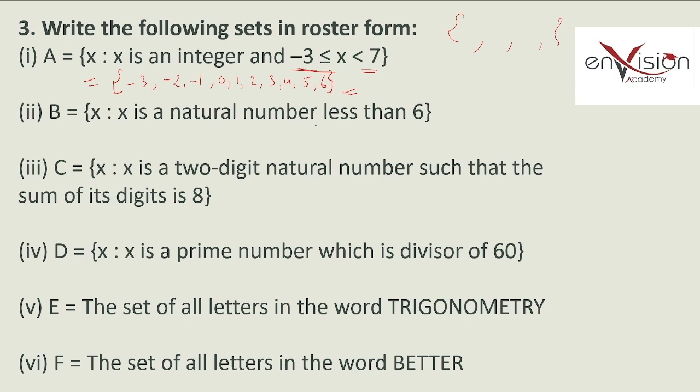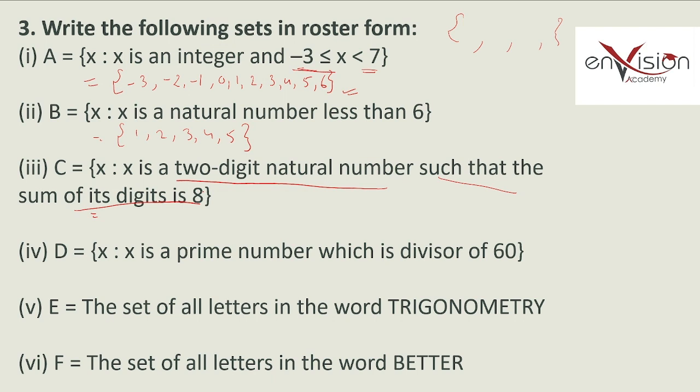X is a natural number less than 6. Yes, we can easily write down 1, 2, 3, 4, 5. All these are the natural numbers which are less than 6. Then here we have X. X is a 2-digit natural number such that the sum of its digits is 8. अब आपको वो 2 digit natural number लेने हैं कि जब उनके digits को आप plus करोगे, so you will get the sum 8.